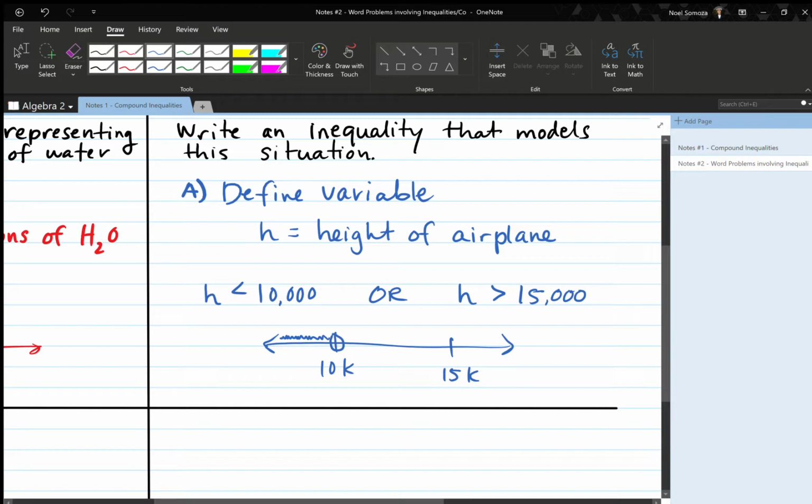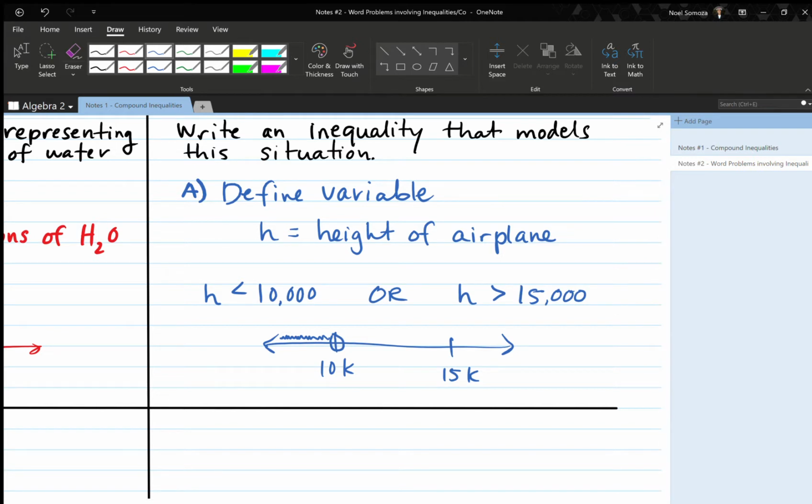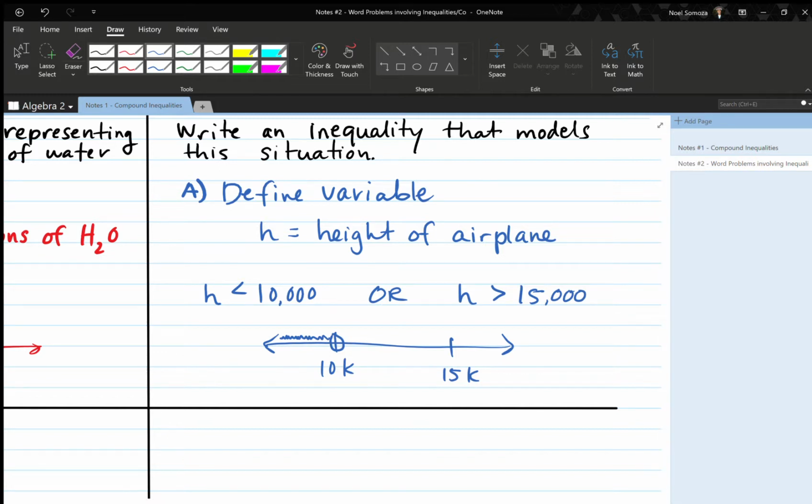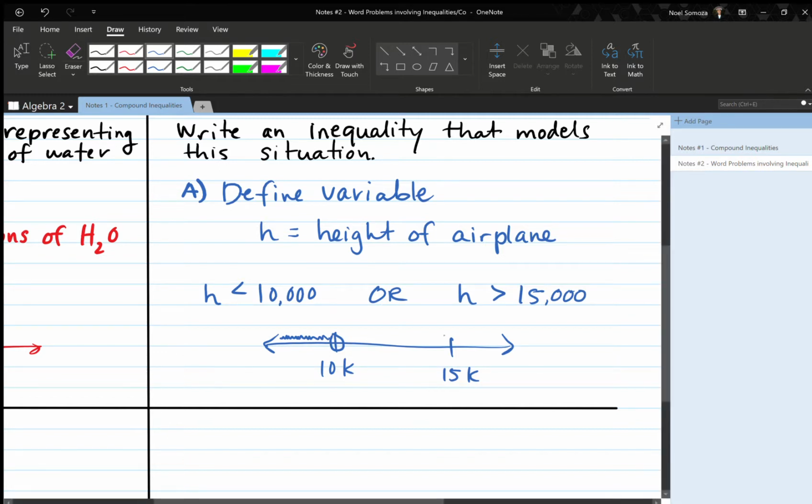Now, let's think about this. Right? It's an airplane. Do you think that your interval would be from negative infinity to 10,000? It's an airplane. If we were writing an interval, right? Yeah, like from zero, probably, hopefully not zero. You don't want it flying at zero, okay? And then on the other end, right? Again, not because it's a realistic scenario. We're not talking about just numbers here.